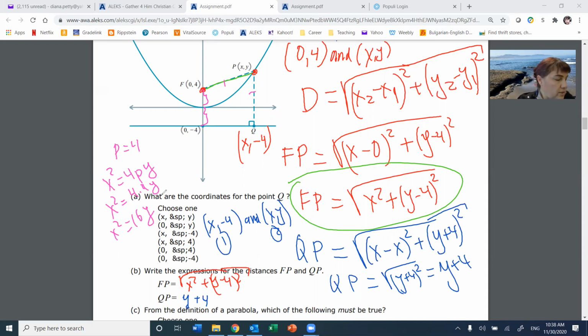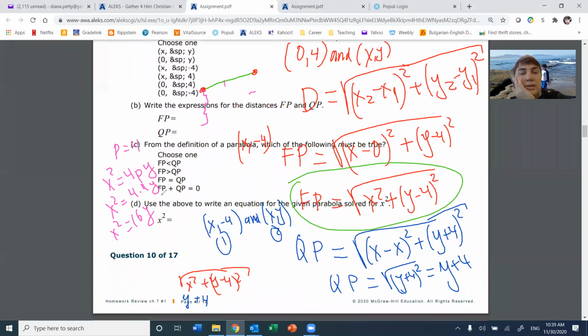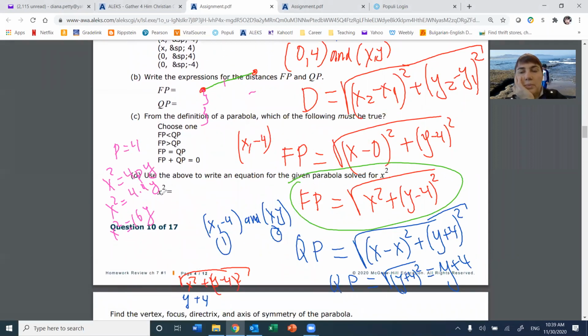Another way we could have done it, we don't have to, it's more complicated, but you can use what we found. They say we can use the QP and FP. I'll put them on the side here.